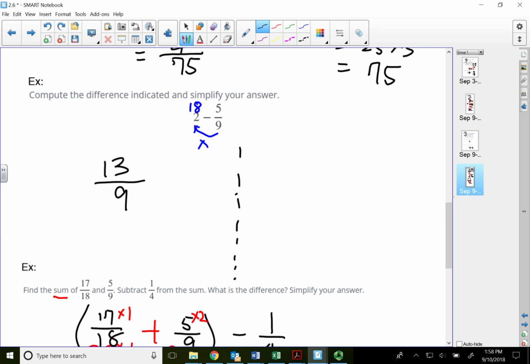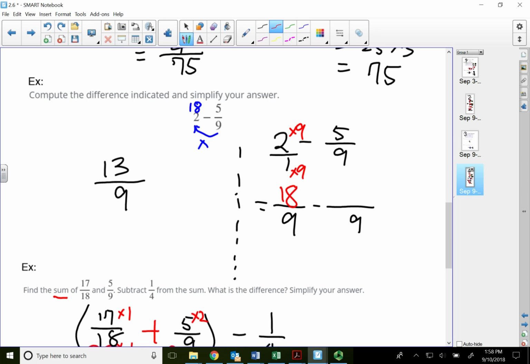All right, so what's the old-fashioned way when you see a whole number add or subtract a fraction? We will say 2 means 2 over 1. The LCD between 1 and 9 has to be 9, right? The old denominator was a 1, going to the new denominator 9 times. So times by 9, numerator times by 9, that's the 18.